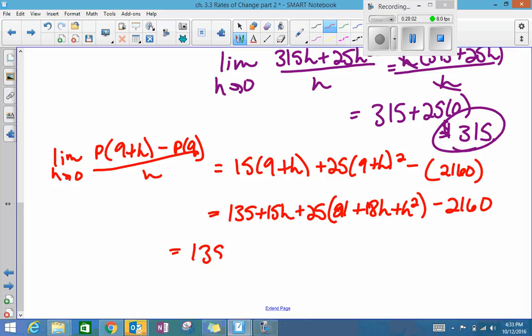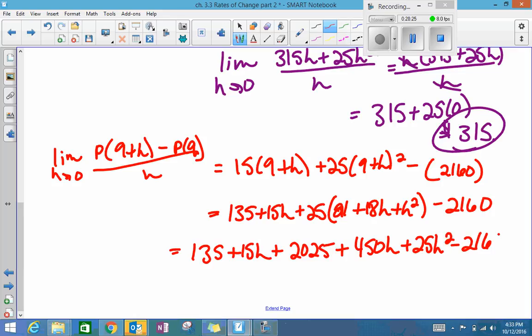So we get 135 plus 15h plus 25 times 81 is 2025 plus 25 times 18 is 450h plus 25h squared minus 2160. So now again, make sure we did all that math right. We try to combine, hopefully all of our constants cancel out. So 135 plus 2025, yes, equals 2160. So they do cancel.